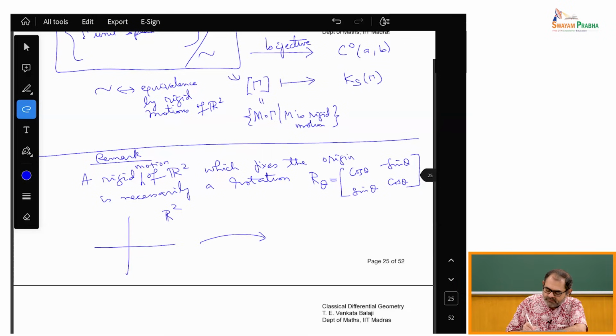So you have a situation like this. You have R2 and you have this, I will call this M, it is going from R2 to R2, and you see the origin is going back to the origin. See, this rigid motion fixes the origin; the moment an isometry takes the origin to the origin, it is linear, we already know that, and rigid motions are certainly isometries.